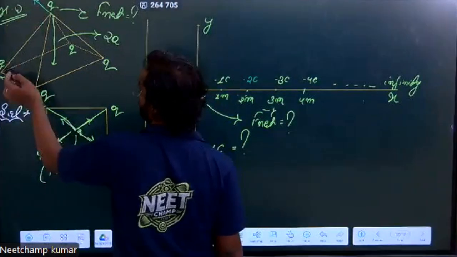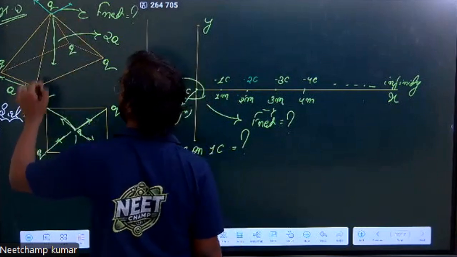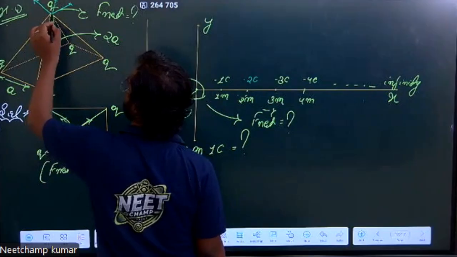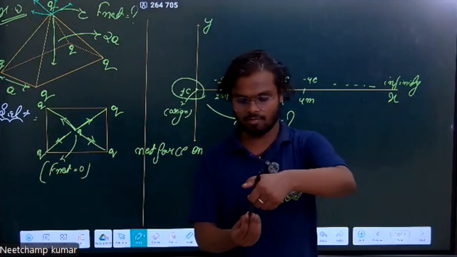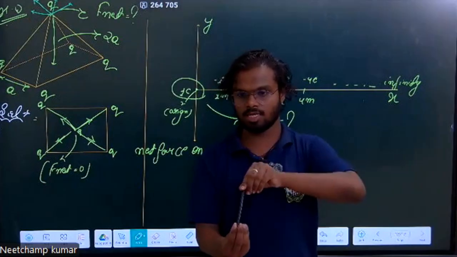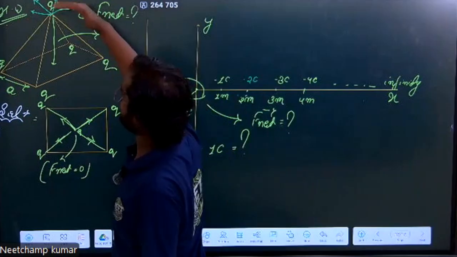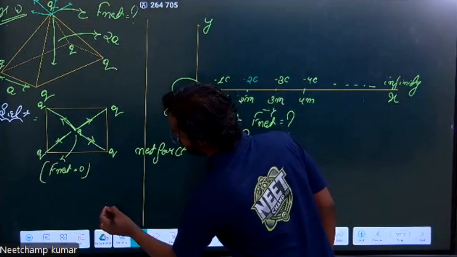Similarly, this charge Q will apply a force in this direction. Similarly, this charge Q will apply a force in this direction, and this charge will apply a force in this direction. So we have four vectors: in this direction, then this, then this, then this. Now if you take the components of these vectors, suppose this is my point and I want to take the component.